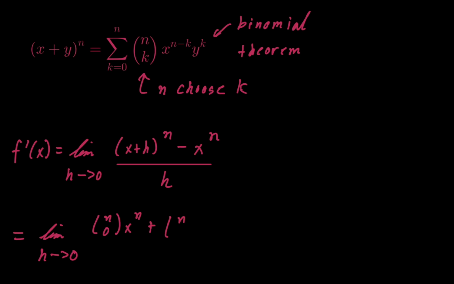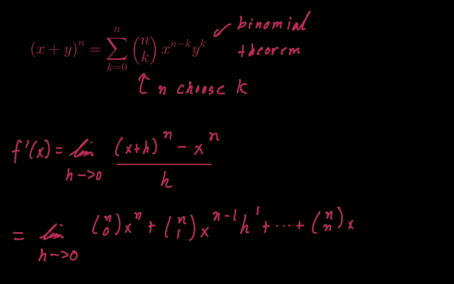Plus n choose 1, because we're at k equals 1 now, times x to the n minus 1. And then we're going to have h to the first power plus dot, dot, dot. And then we're going to go all the way up to n choose n.